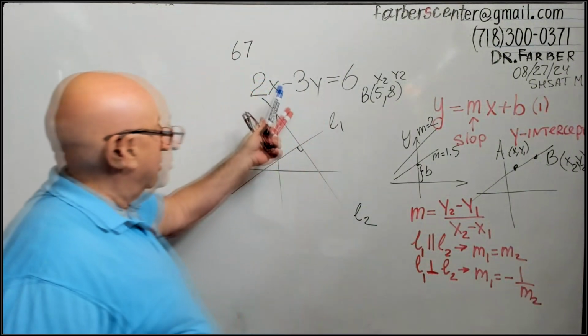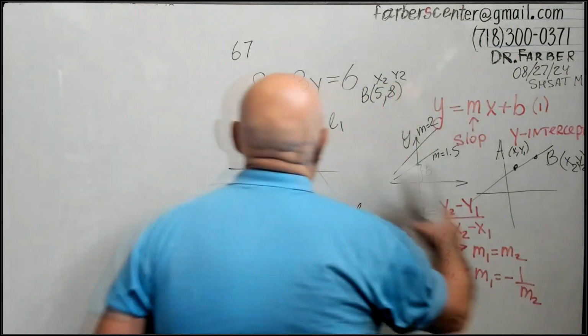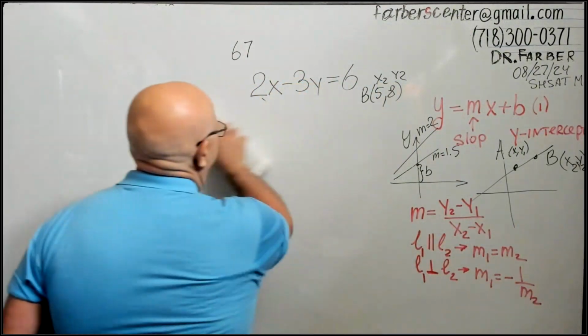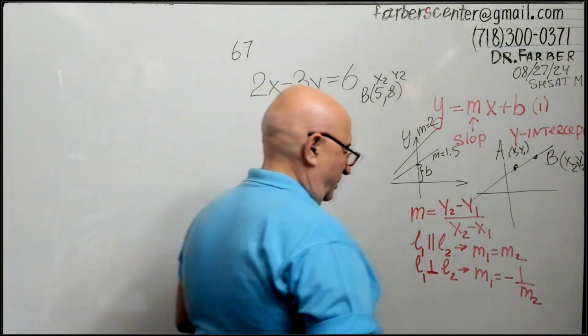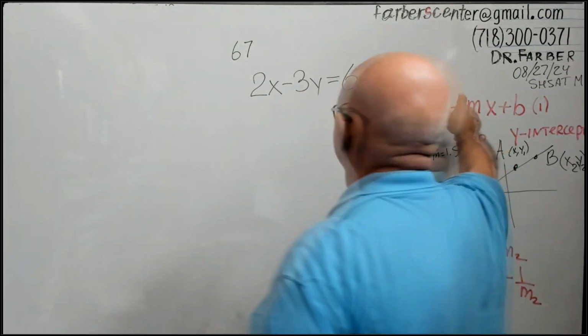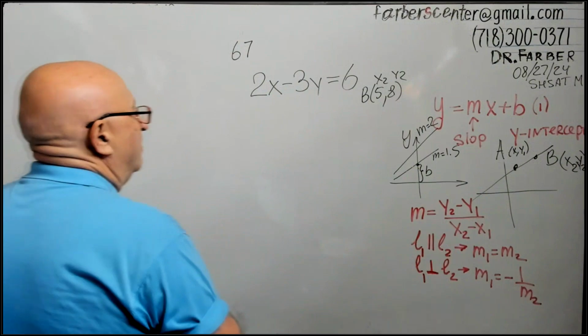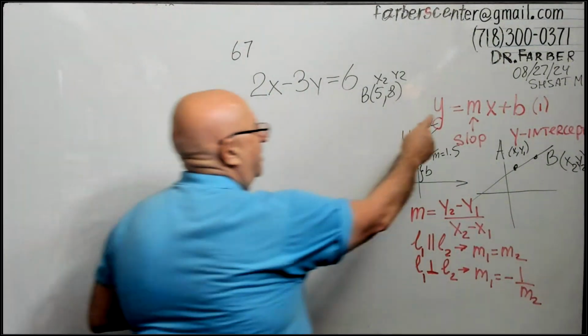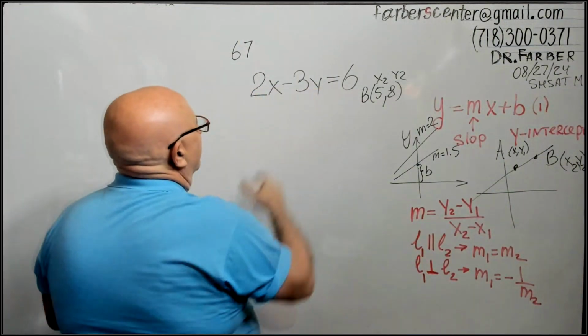Now, return to this problem. We can solve it differently. I show the best way. First of all, unscramble the line into canonic form, slope intercept form. I have to have y on the left part and the rest on the right.